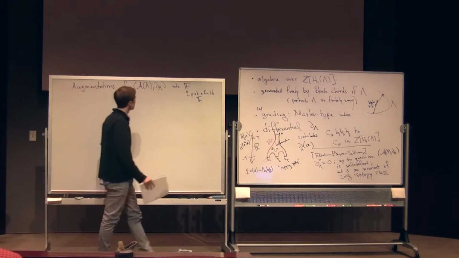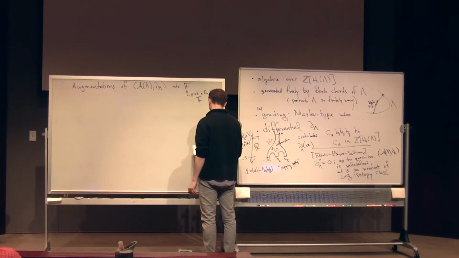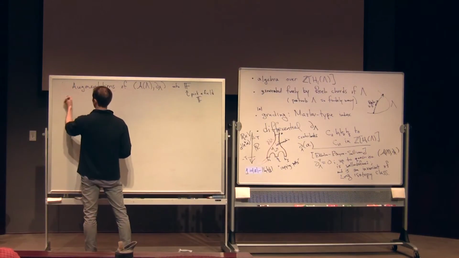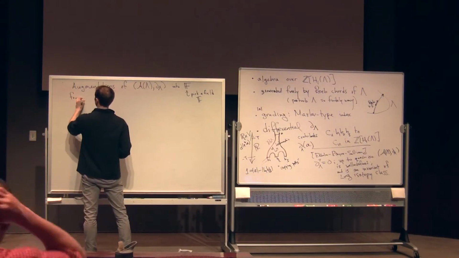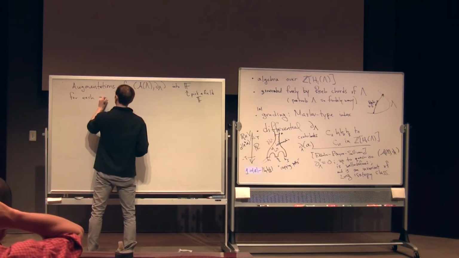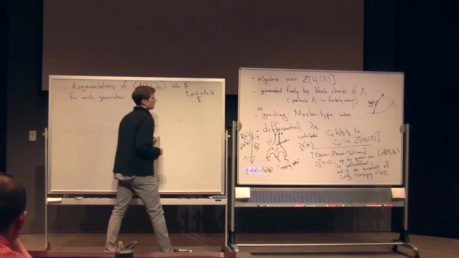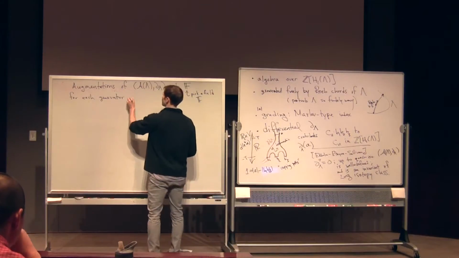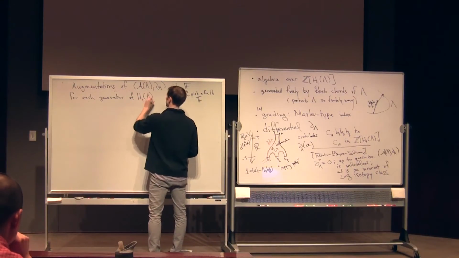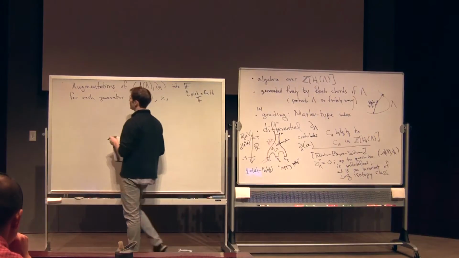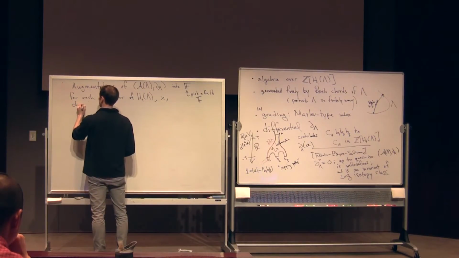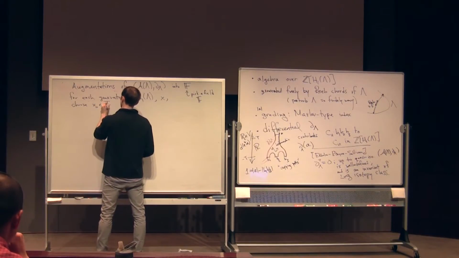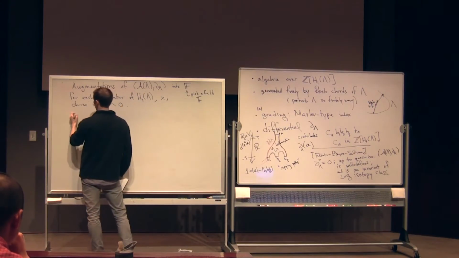So in order to make this seem sort of natural, what you want to do is, for each generator of H1 of lambda, you want to choose some non-zero element in the field, and then this gives you a map.